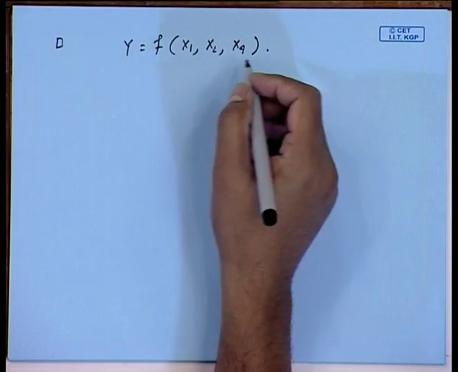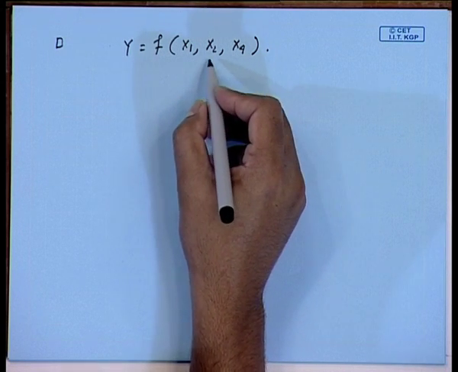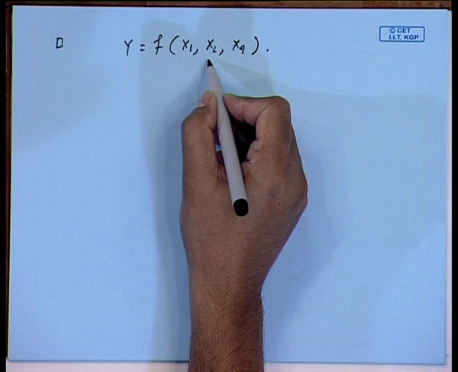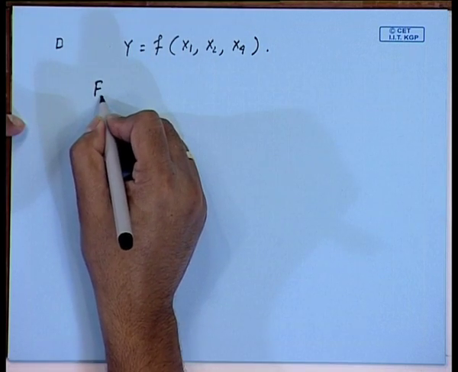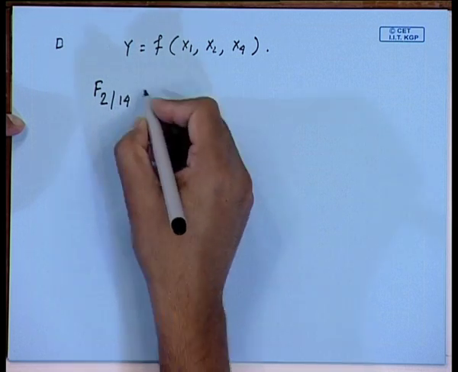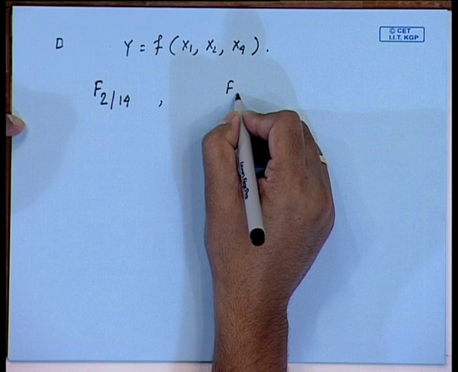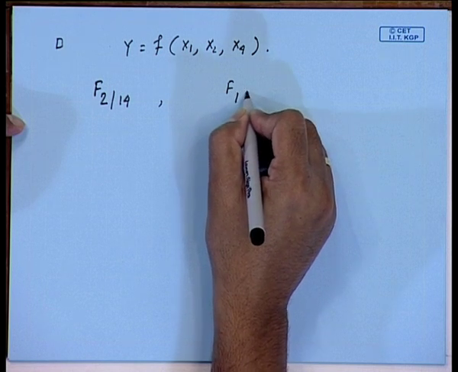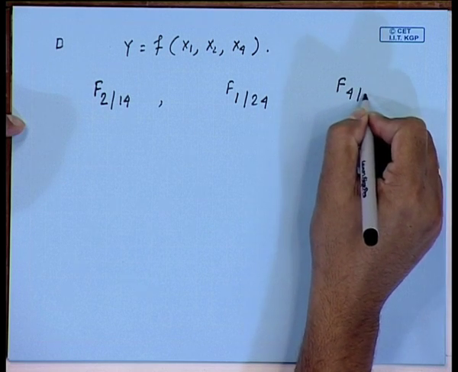Now, we need to check whether the newly inserted regressor is significant. Of course, we compute the partial f value f 2 1 4, we compute f 1 2 4, we compute f 4 1 2.